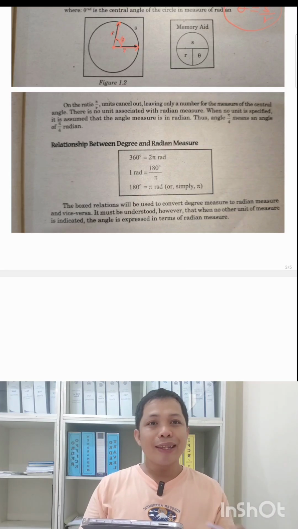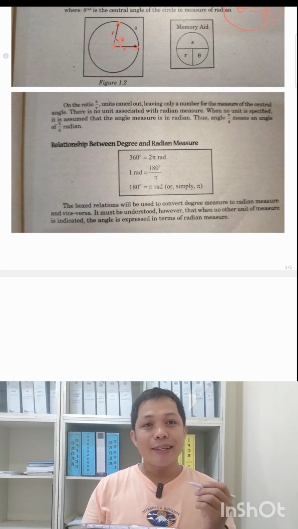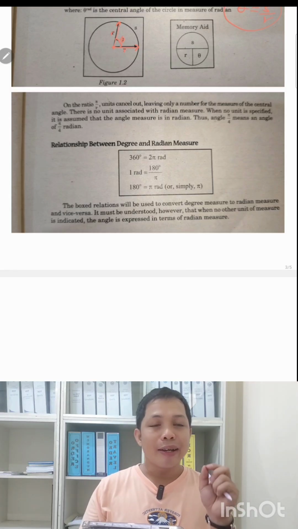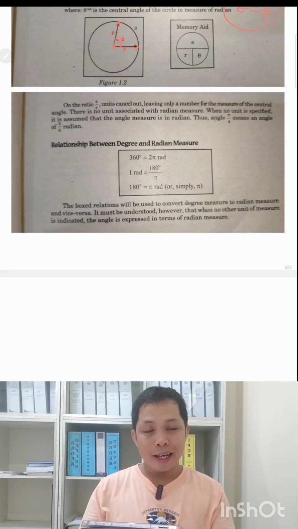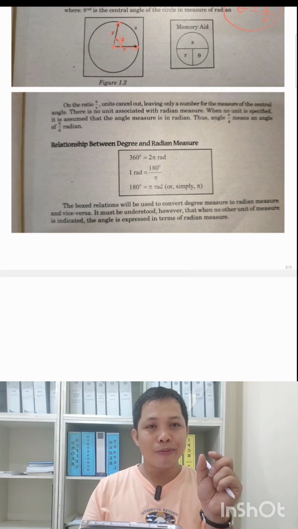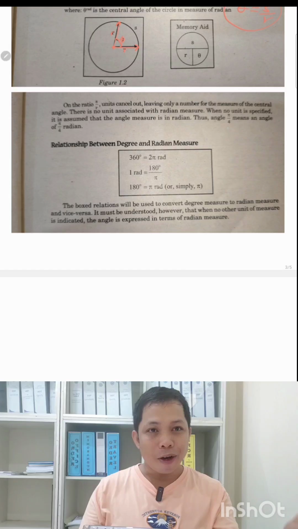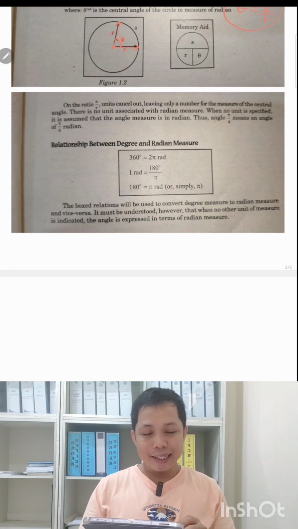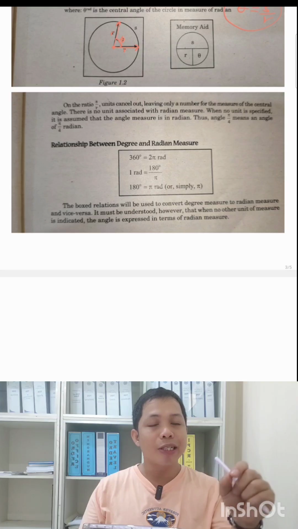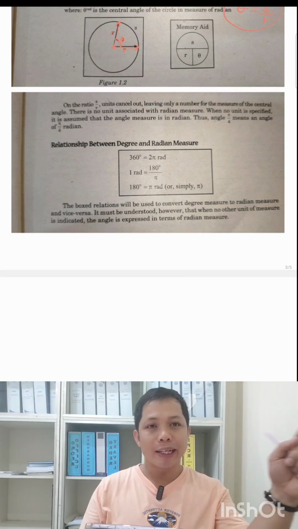When no unit is specified, it is assumed that the angle measure is in radian. If no unit, automatically it is assumed that it is in terms of radian. So thus, angle pi over 4 means an angle which is pi over 4 radian.